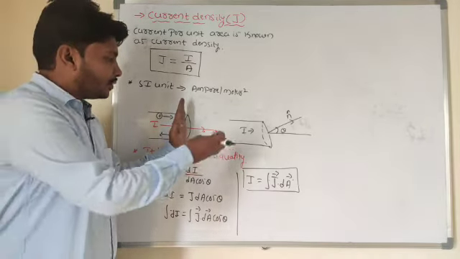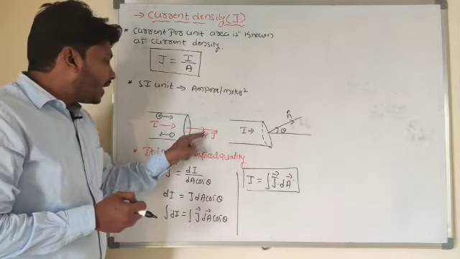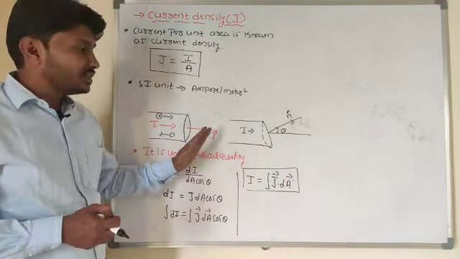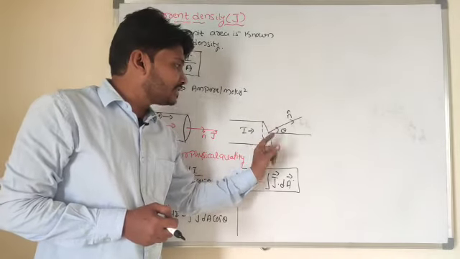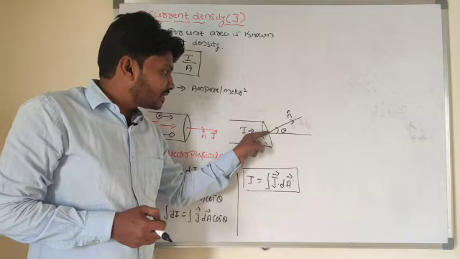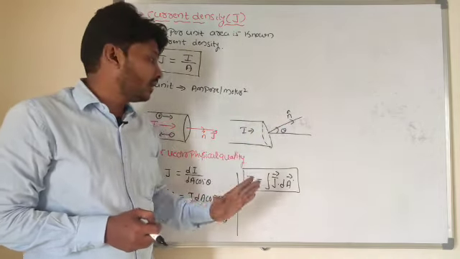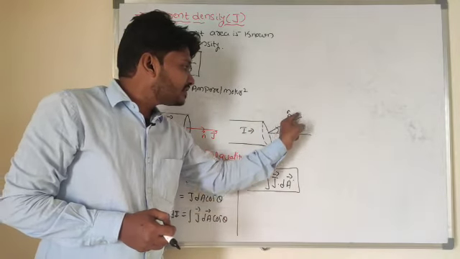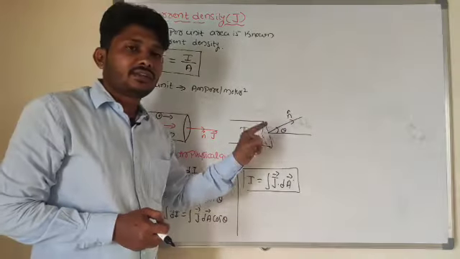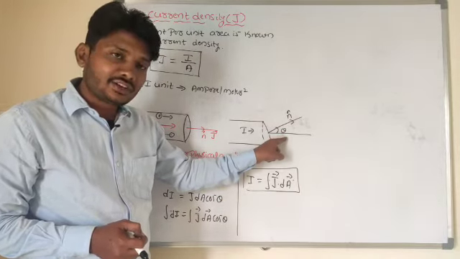If I draw the normal line for this surface, there is an angle between the normal line and the current. Remember, the normal line is nothing but a perpendicular line. So this is the normal line for this surface, and this is the direction of the current, and there exists a certain angle between the normal line and the direction of the current.